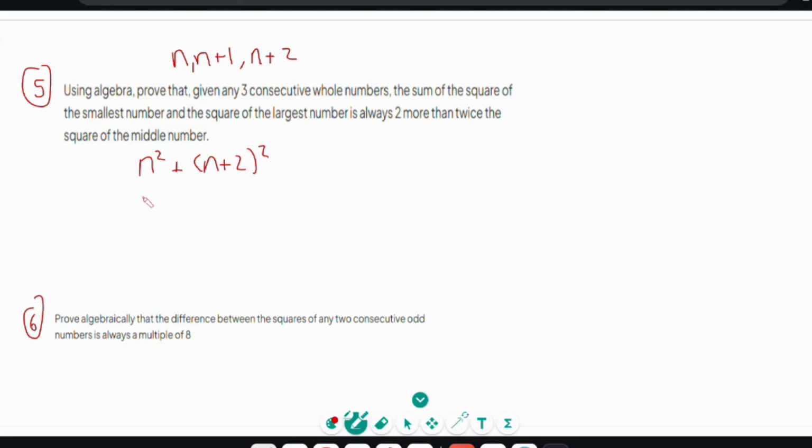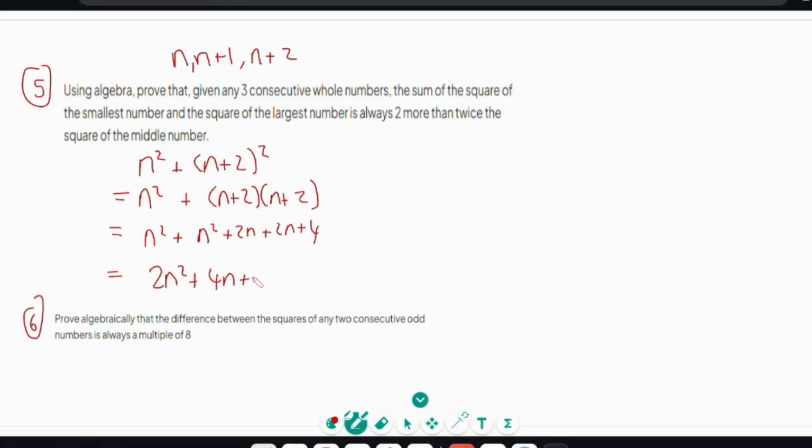Okay, let's work this out first. Let's simplify. Okay, it's always 2 more than the twice of the square of the middle number. So let's square this middle number.